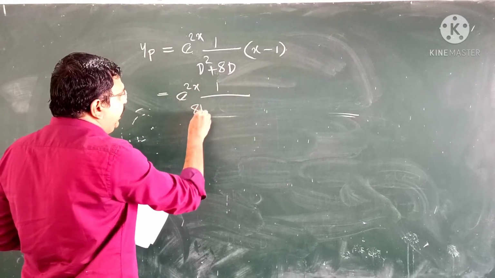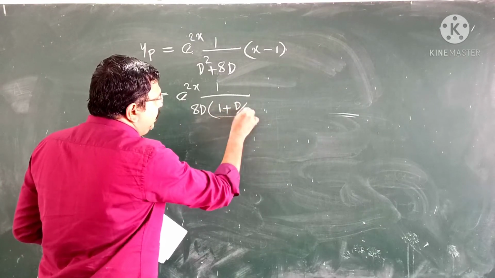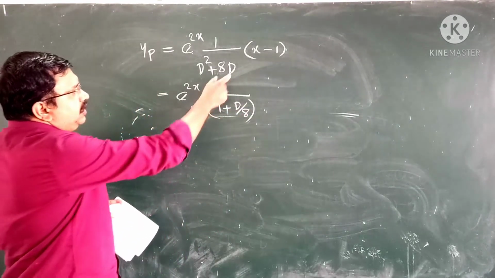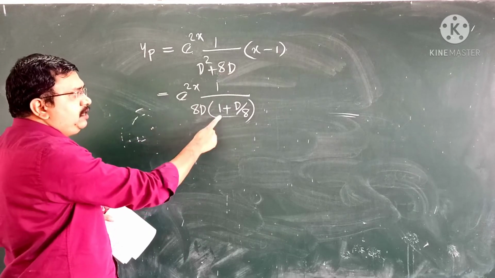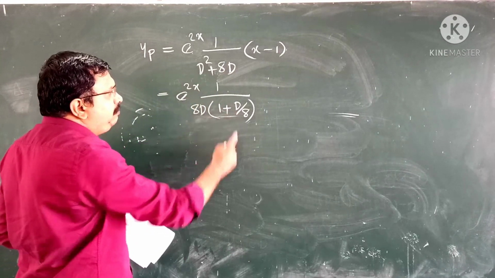I am taking 8D as common, then the remaining is 1 plus D by 8. In 8D taken, the remaining is 1; in D² taken 8D, the remaining is D by 8.